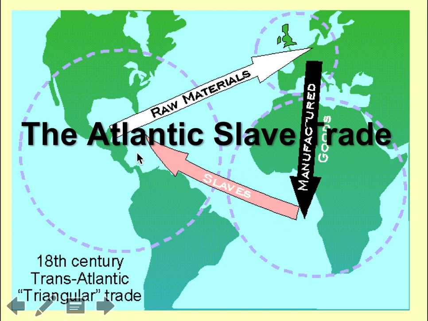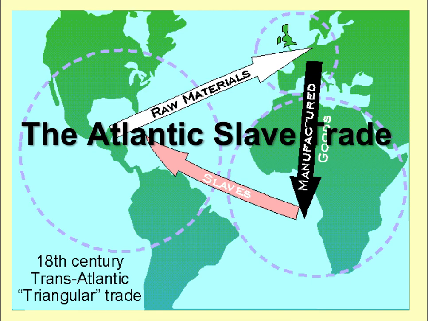What ends up happening is over here in the Americas, we have raw materials that are being taken and sent to Europe. In Europe, they're manufacturing these raw materials, like maybe they're using lumber and making furniture out of it, or making weaponry as well, but they're manufacturing goods.